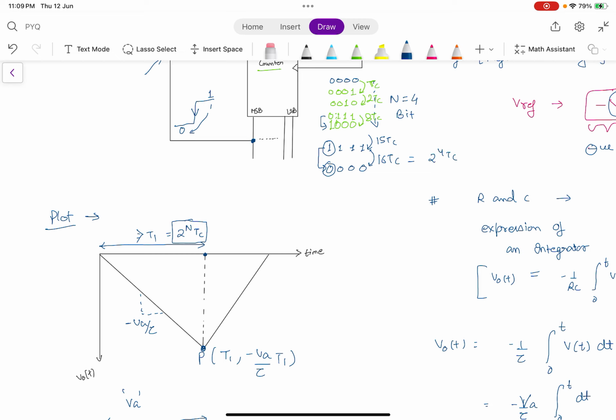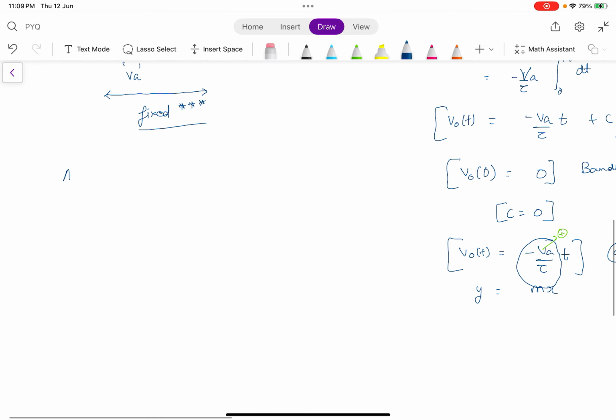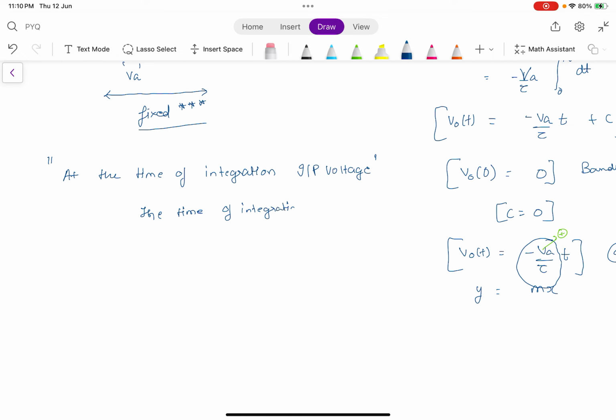So what you get from here is that at the time of integration at input voltage VA, the time of integration is fixed.